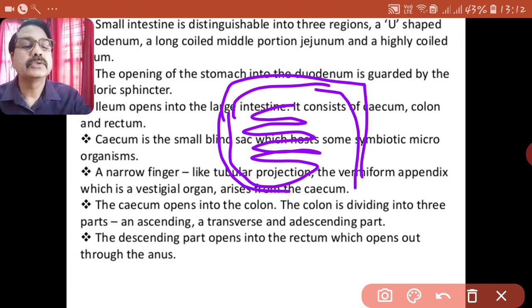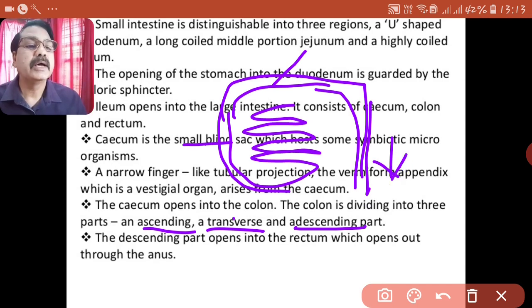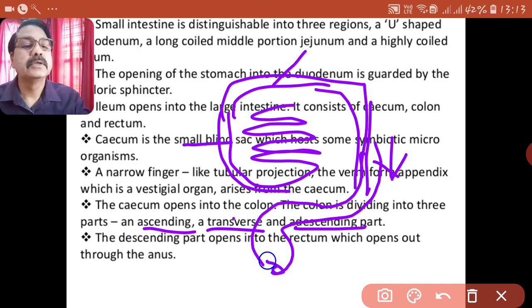So this is the ascending colon, and this is the transverse colon, and this is the descending colon. This comes down, and then the descending part opens into the rectum, and here you can see the rectum, and this is the anus. So this is the part we were discussing.